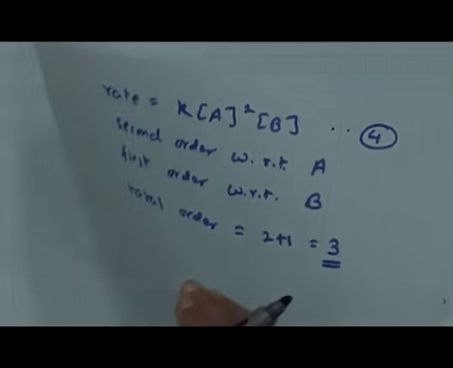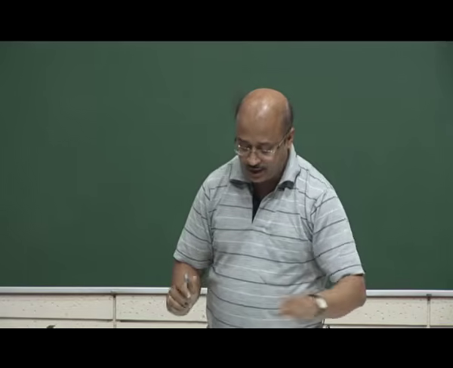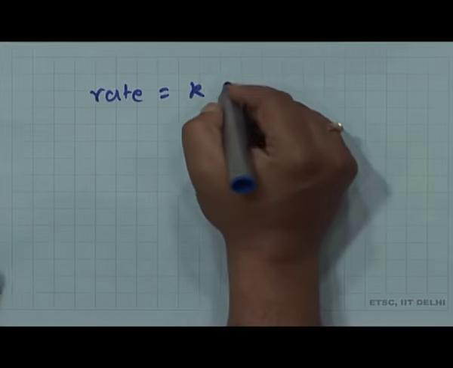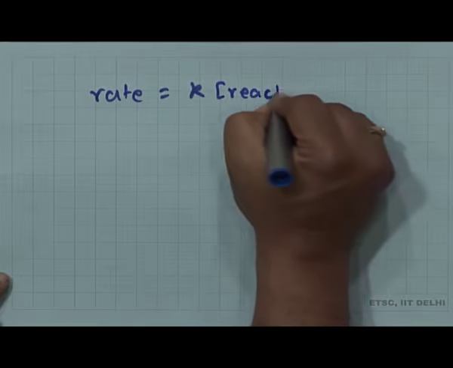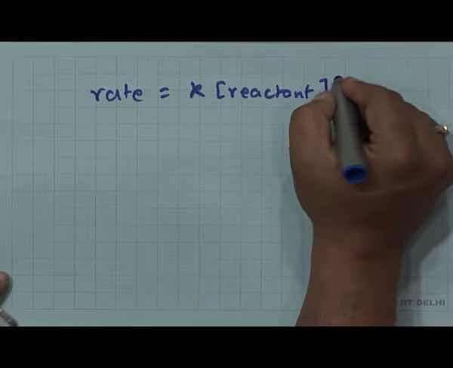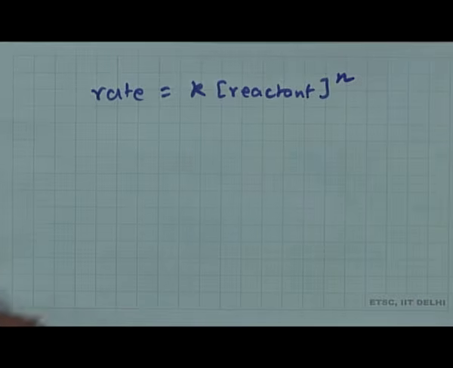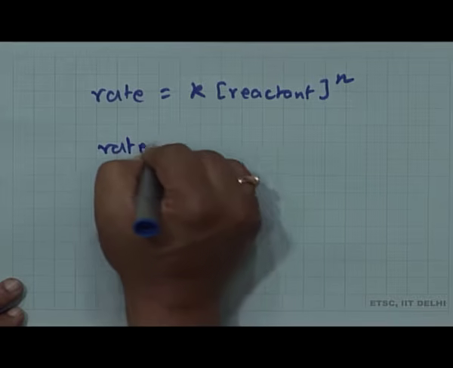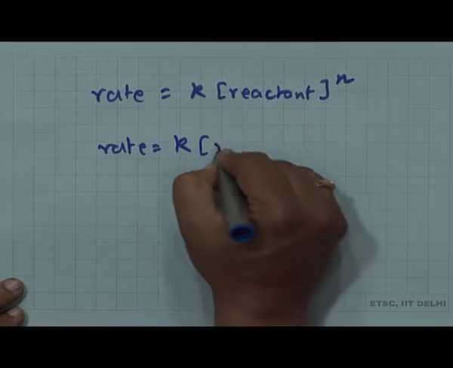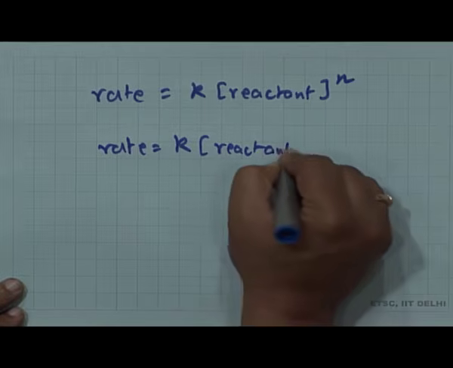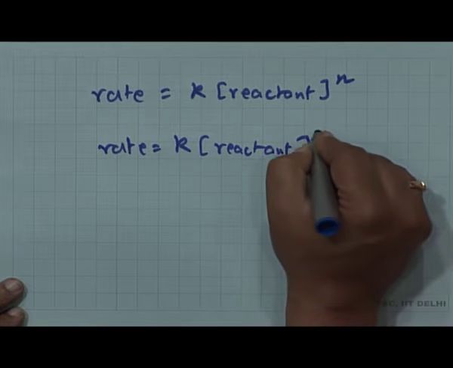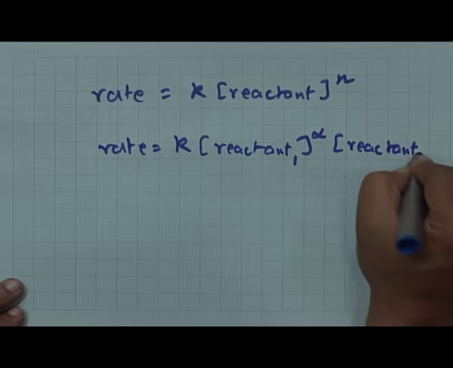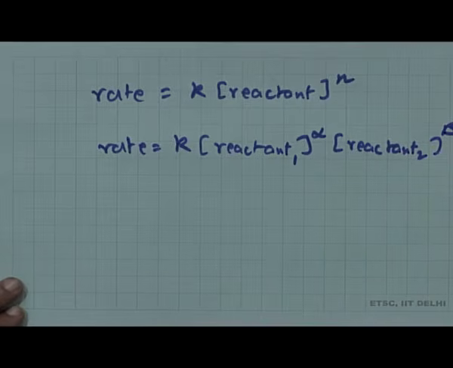If you write the equations in a very general way, say rate is equal to K times reactant raised to the power n, or we can write rate is equal to K times reactant 1 raised to the power alpha, then reactant 2 raised to the power beta.